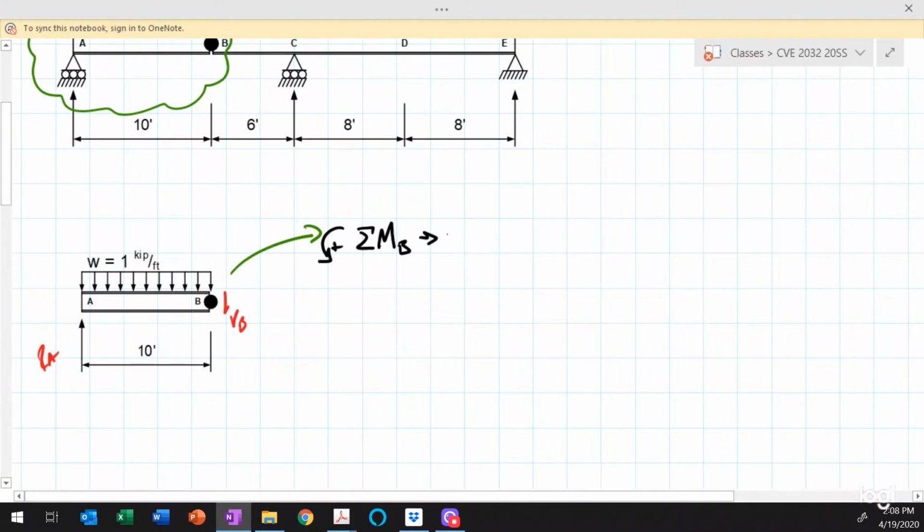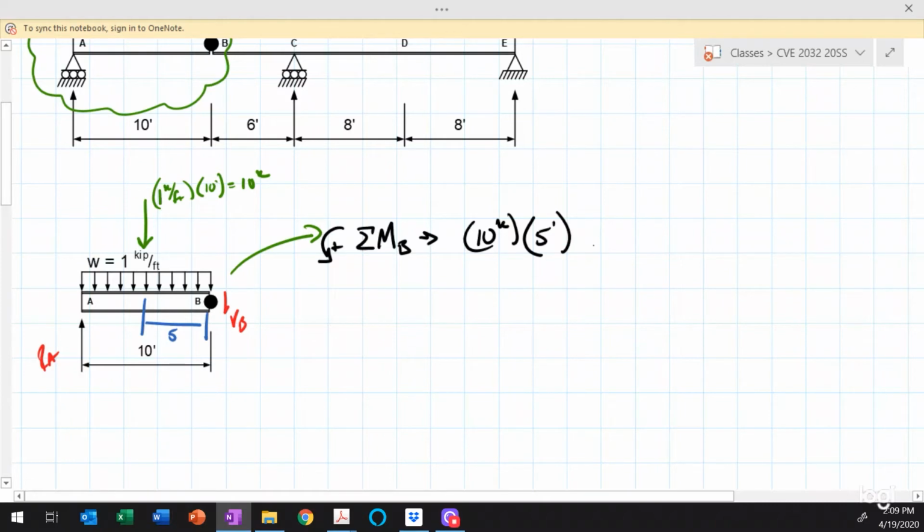Then I have a concentrated load equivalent here. That's going to be 1 kip per foot acting over a length of 10 feet, so that's equal to 10 kips. So what I have is 10 kips, and that's acting at a distance of 5 feet right there.